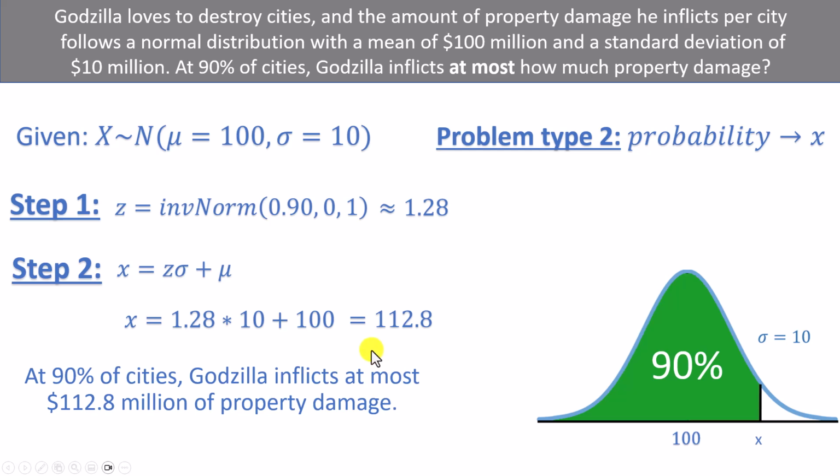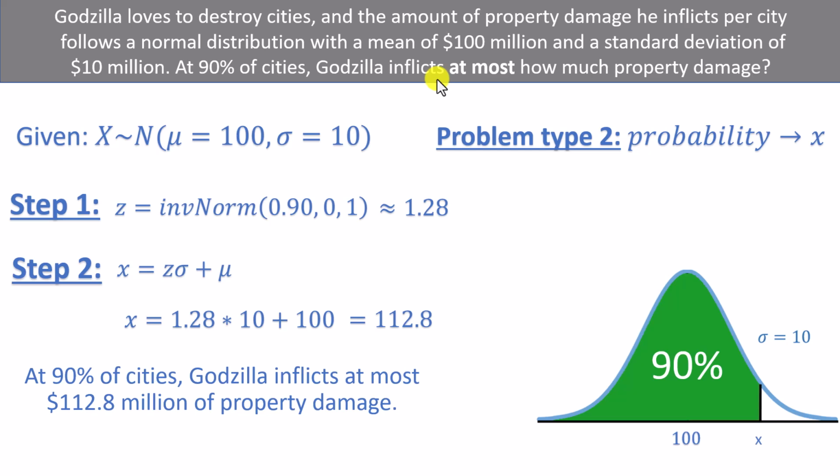So these ones are a little bit quicker. There are only 2 steps compared to 4. But they can be very tricky because you have to pay attention to where this area is. Another way this problem could have been worded is: what amount of property damage is such that only 10% of the time Godzilla inflicts more?